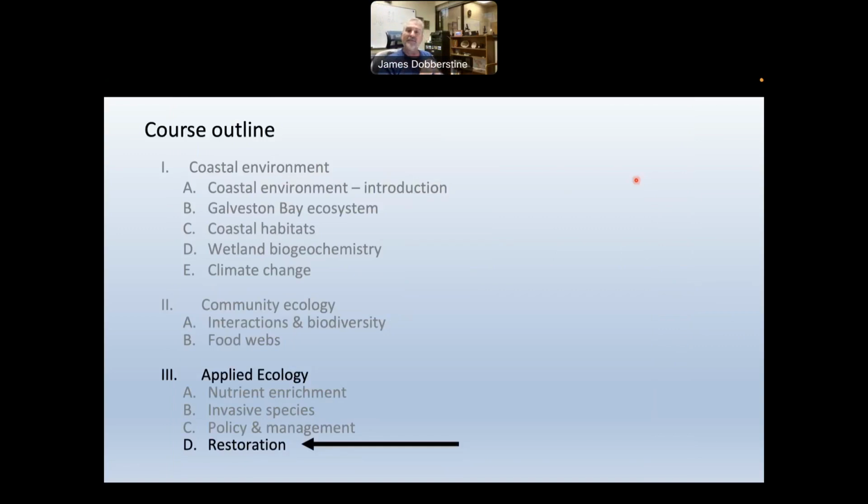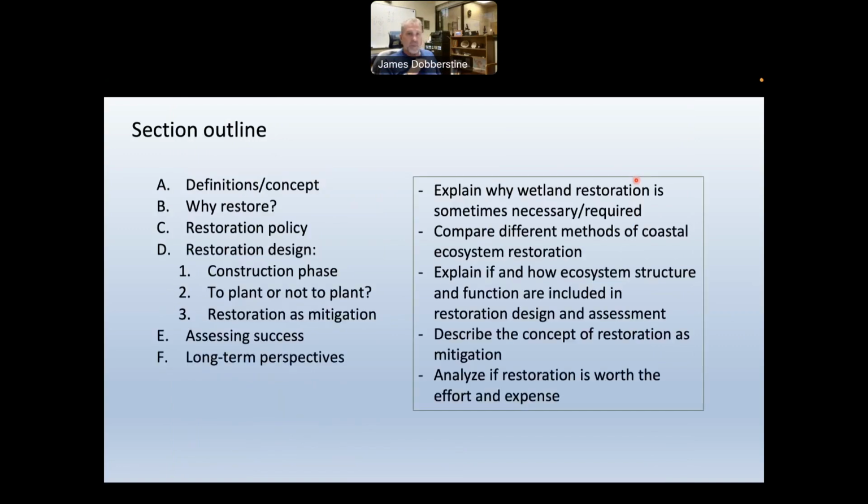So, in any event, we're now in the very last section of the course outline. But this is a three-part series. There's quite a bit to talk about here to round out the semester. So today is the first part of three. By the end of all of these, you should be able to explain why wetland restoration is sometimes necessary and required.